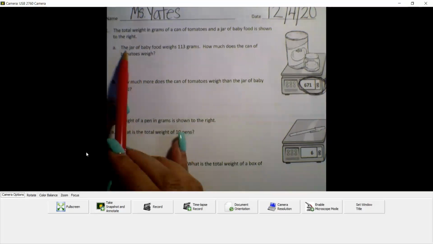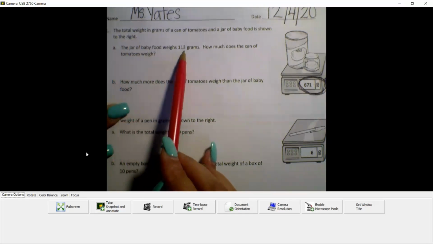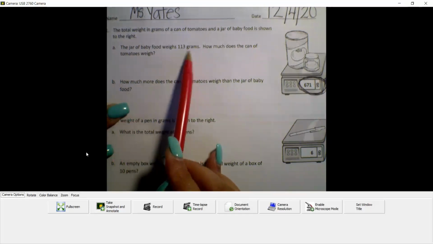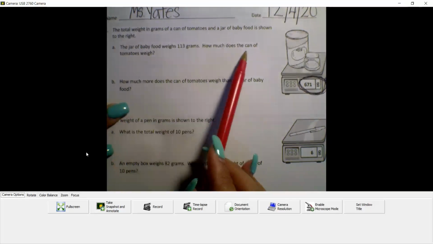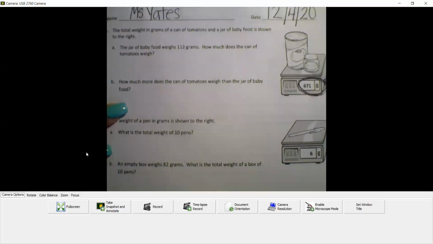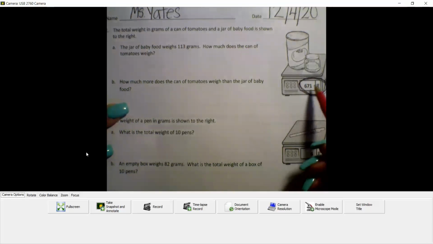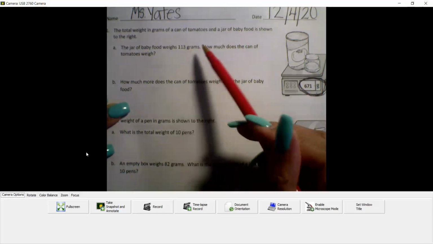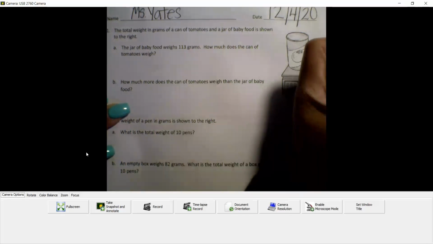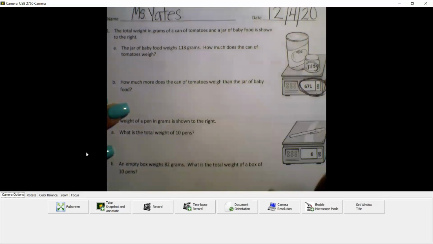First question. The jar of baby food weighs 113 grams. How much does a can of tomatoes weigh? So here's our total weight. The tomatoes and the baby food put together is 671 grams. If the jar of baby food weighs 113 grams, how much do the tomatoes weigh?